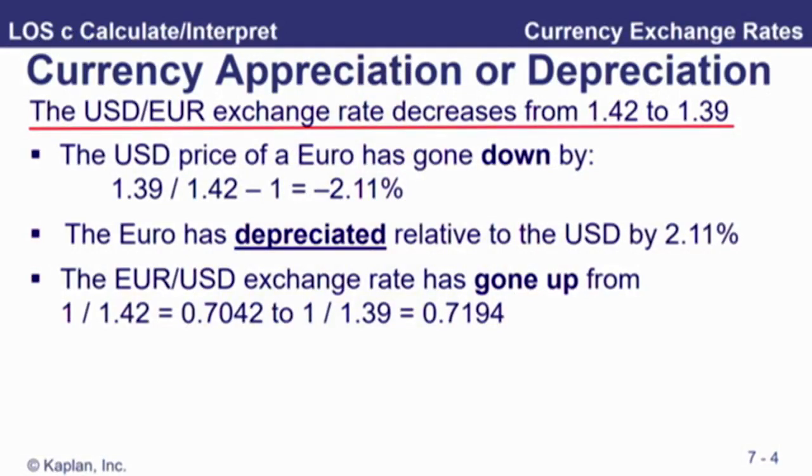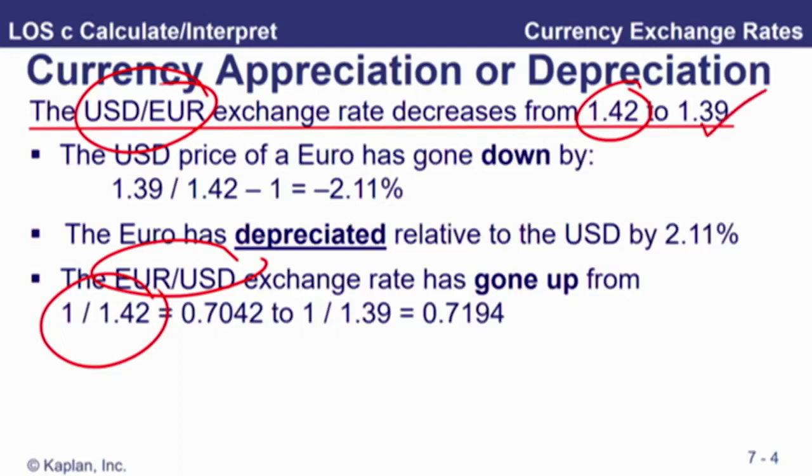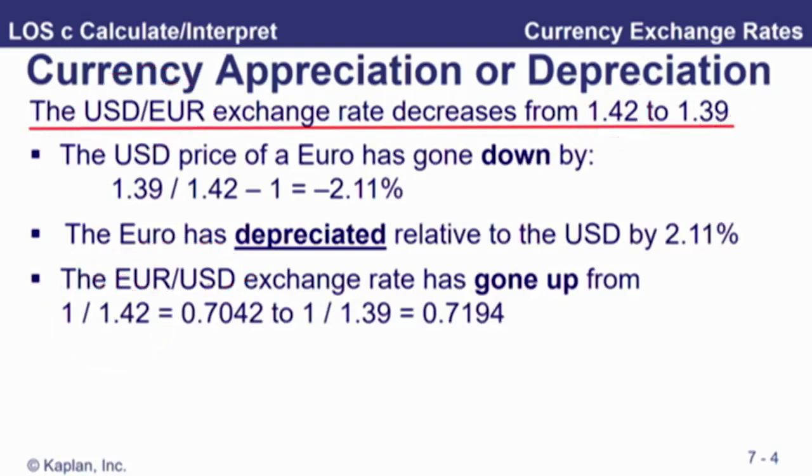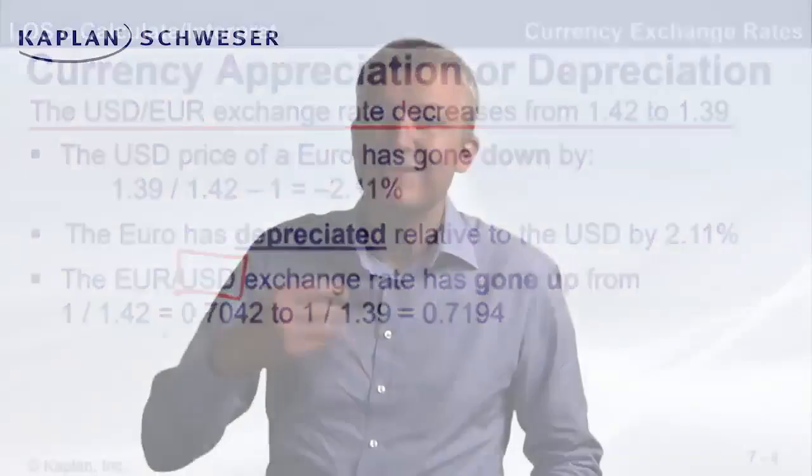So, to swap round a quote, you need to take the reciprocal. If the USD to euro is 1.42, the euro to USD is 1 over 1.42. That's the reciprocal. So 0.7042. And you do the same for the second quote, the 1.39. Take the reciprocal, 1 over 1.39. We get 0.7194. So that's the quote with the USD as the base. Now you can do your calculation.